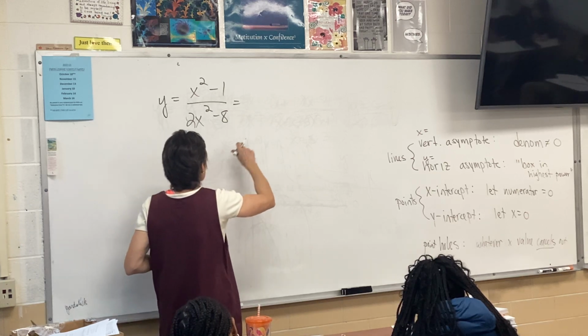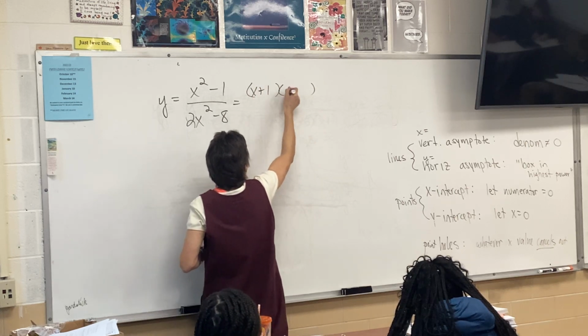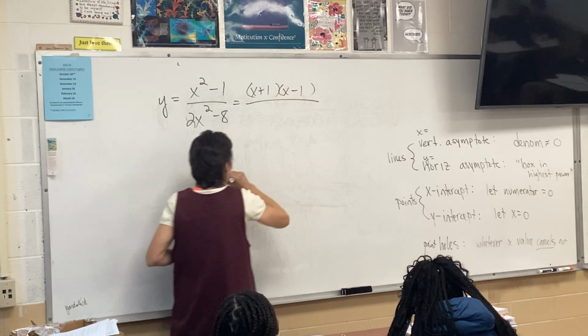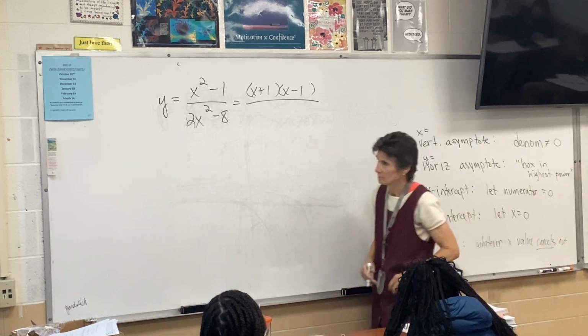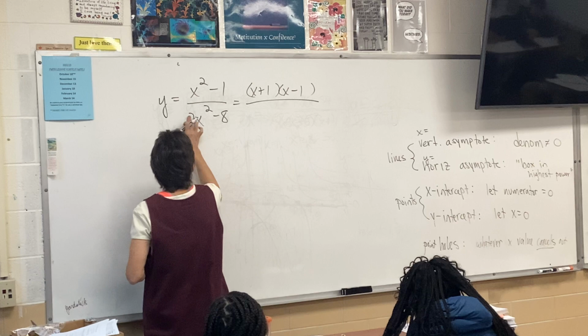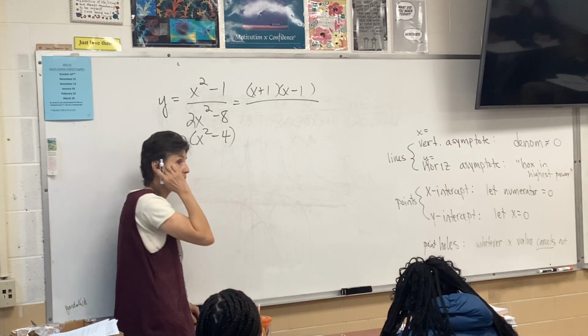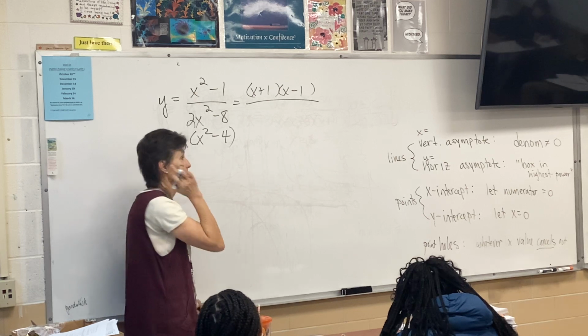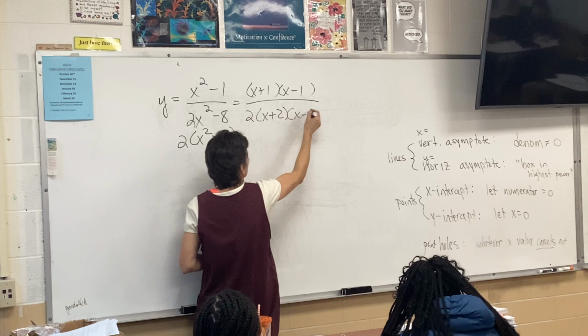All right, so how does the top factor? X plus 1. Okay, that's easy. How about the bottom? I'm going to pull out a 2 first, that's my GCF. And then x plus 2, x minus 2.